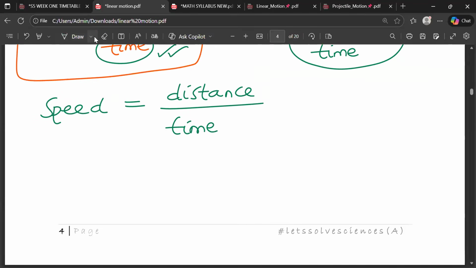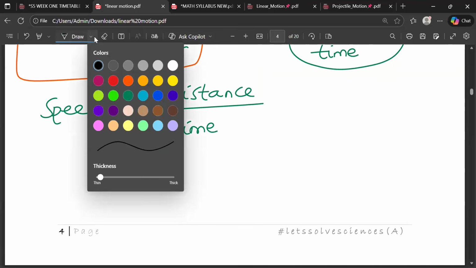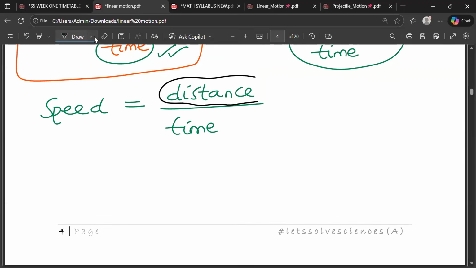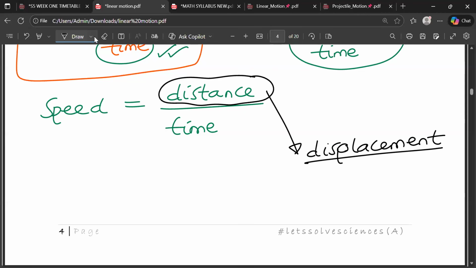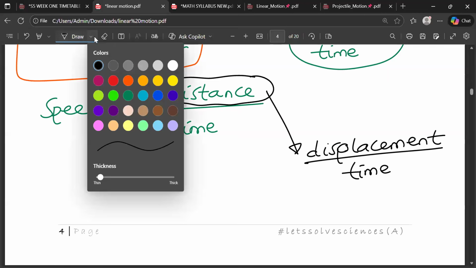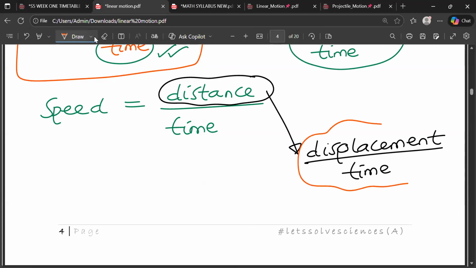The moment I change this distance and make it displacement, that means this time round my distance is being covered in a specified direction, with time below. So the whole of this now becomes velocity. As simple as that.